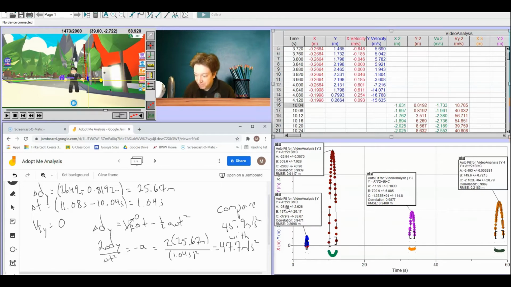So that's about 51.18 if we double that. So it looks like gravity isn't really changing much, which it shouldn't. If we jump on a trampoline, gravity doesn't change. Right? There's a little bit of error there, but I think we can chalk that up to experimental error. We're comparing about 46 and 51 meters per second squared.